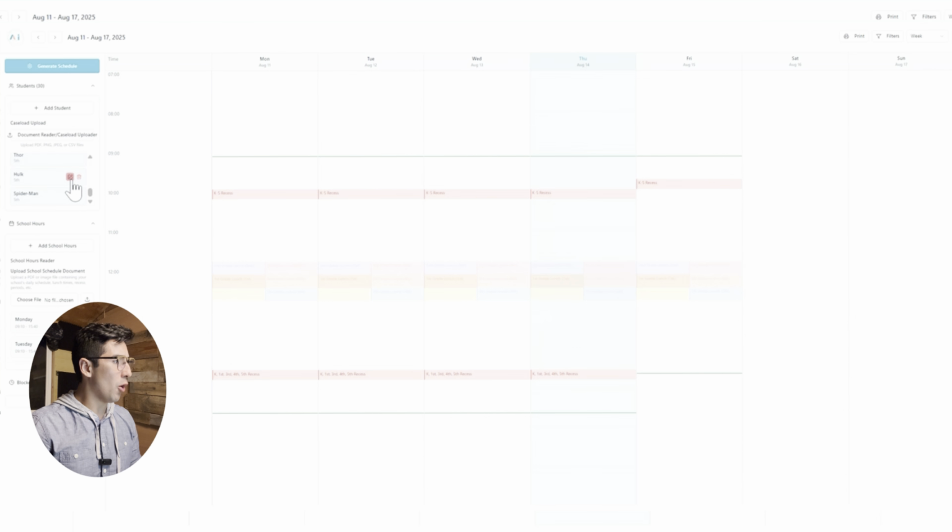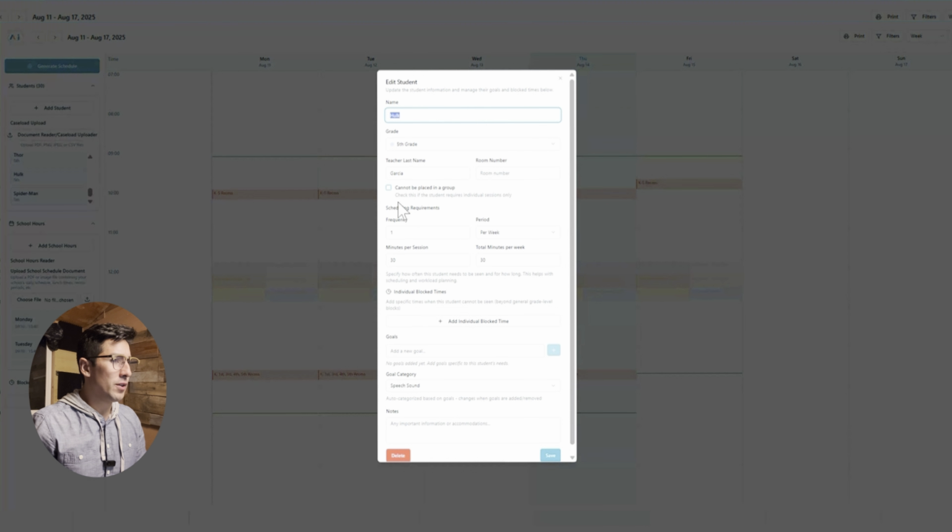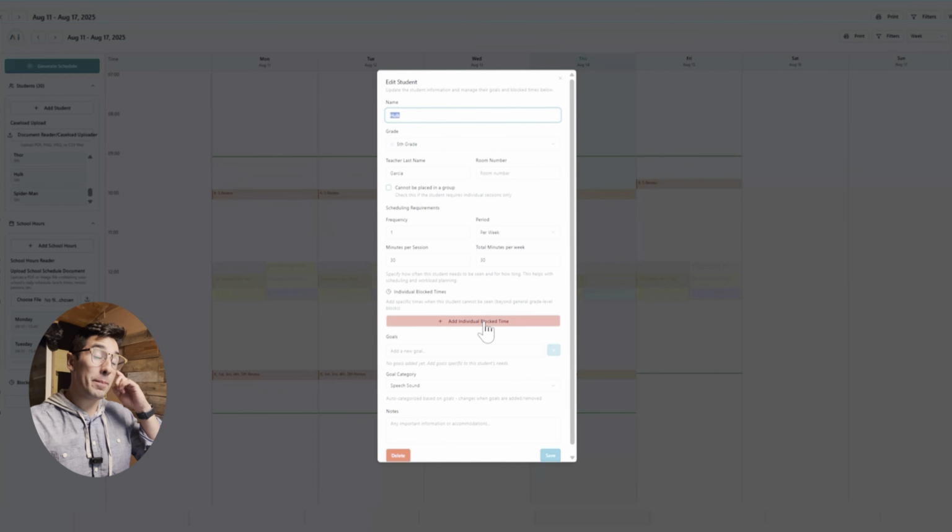What you can do is you can open up an individual profile, and I will open up Hulk's, and you can see we could check off this box for him to not be placed in a group. If he has to be an individual one, we can check that off, or we could add an individual blocked time. So if he cannot be seen at, let's just say 1:40 for resource room, 1:40 to 2 o'clock, then we would add that in here.